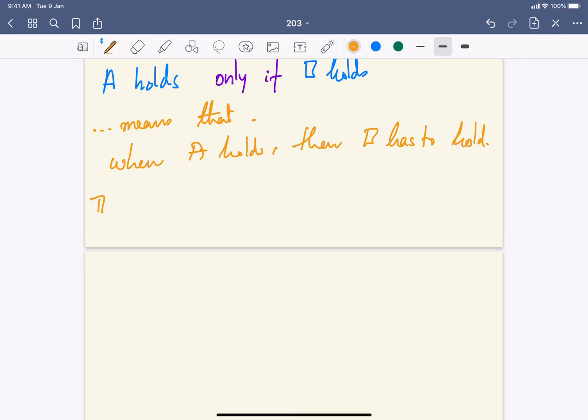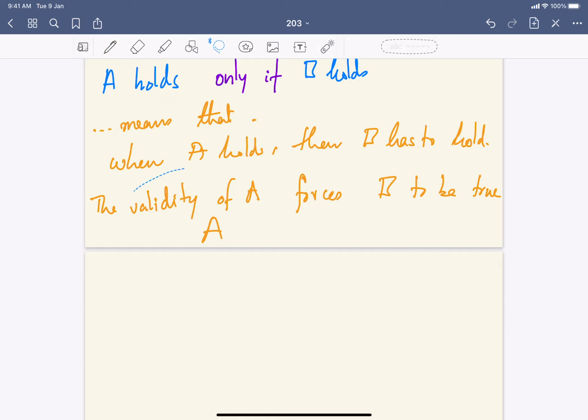In other words, the validity of A, where A denotes a statement, forces B to be true. That means if A is true, then B has to be true, which is the same as saying A implies B in notation.